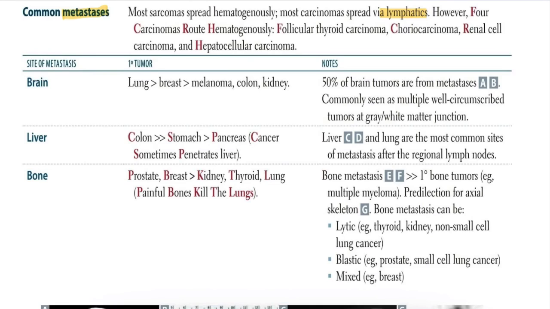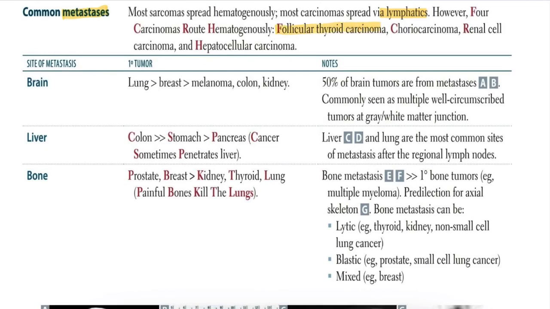But here we have one golden fact: 4 carcinomas spread via blood. The mnemonic is '4 carcinomas root hematogenously.'